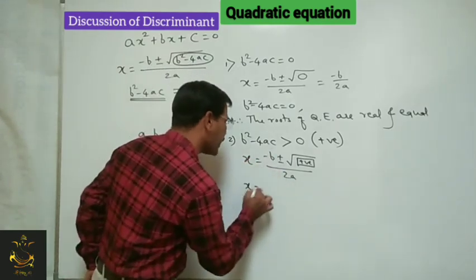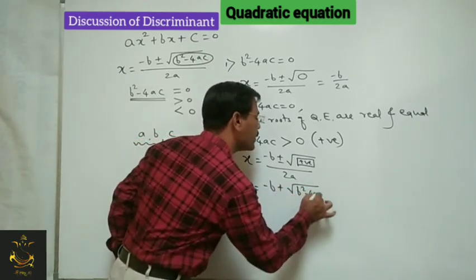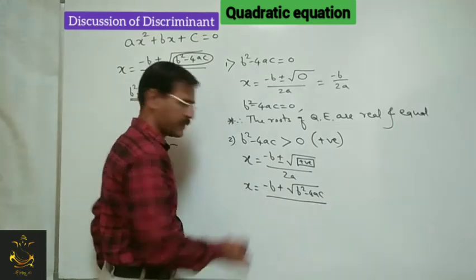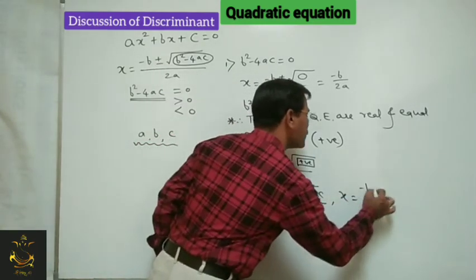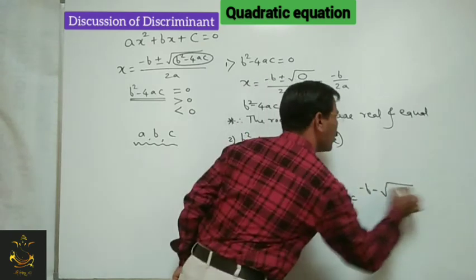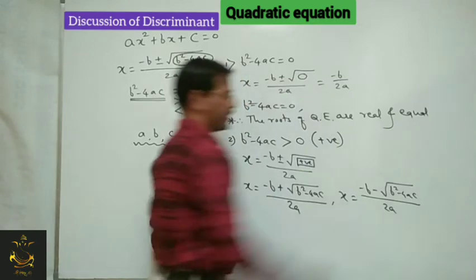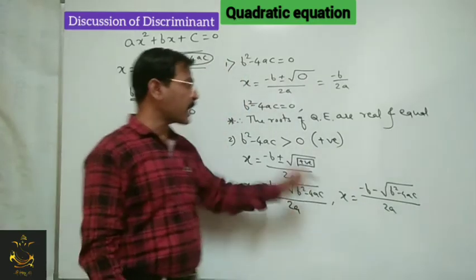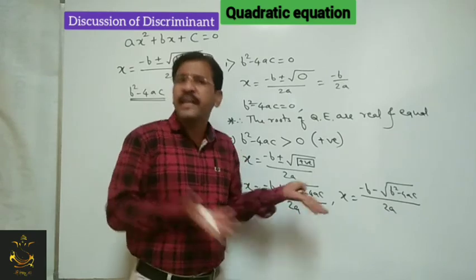So x equals minus b plus under root of b square minus 4ac upon 2a, and x equals minus b minus under root of b square minus 4ac upon 2a. These are the two distinct roots, and they are real.